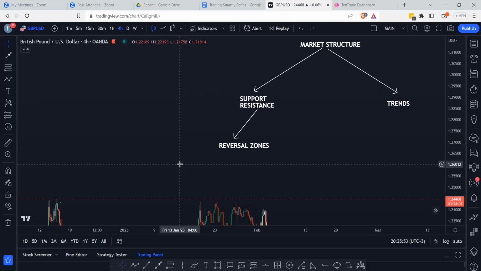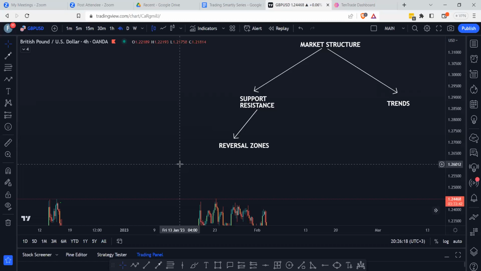And why are we studying support and resistance? Because we want to use historical data to predict the future. Support and resistance are areas of reversal that have happened in the past, zones where we've seen reversal in price.